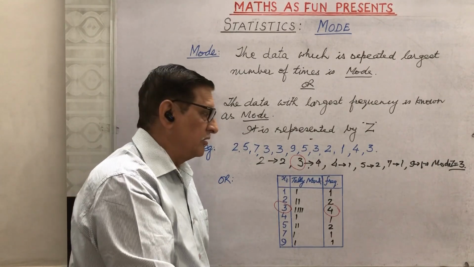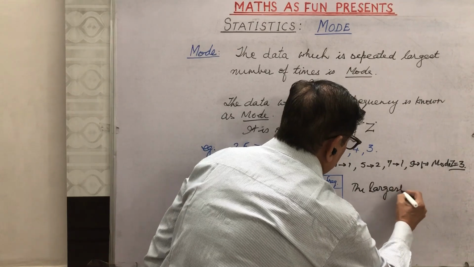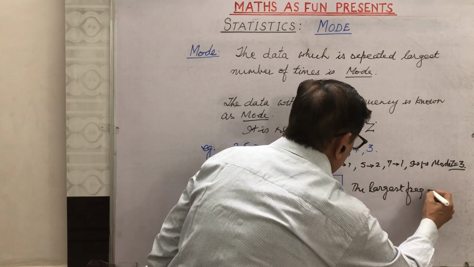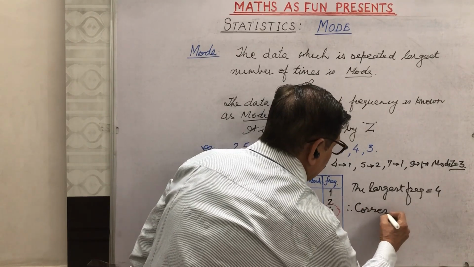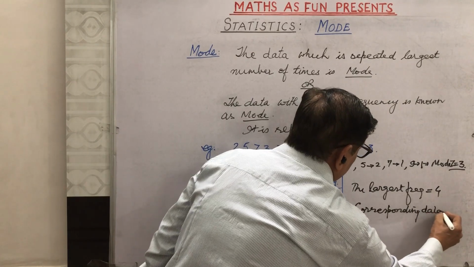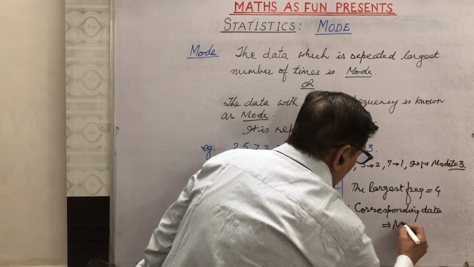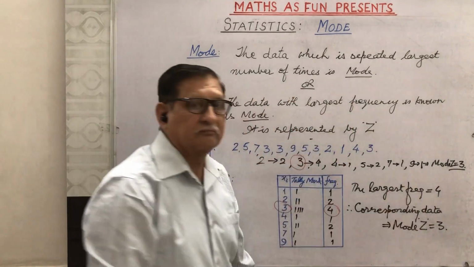So we can write: the largest frequency is equal to 4, therefore the corresponding data implies the mode Z is equal to 3.